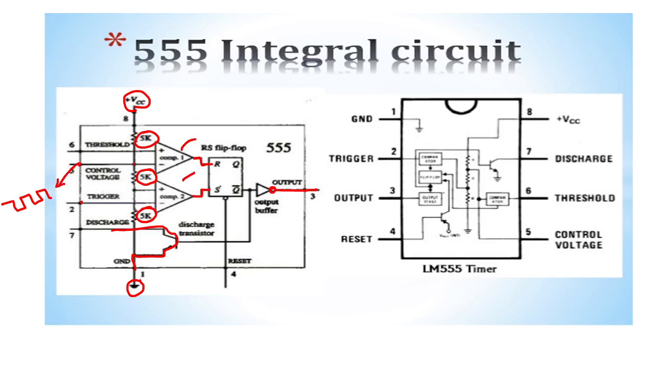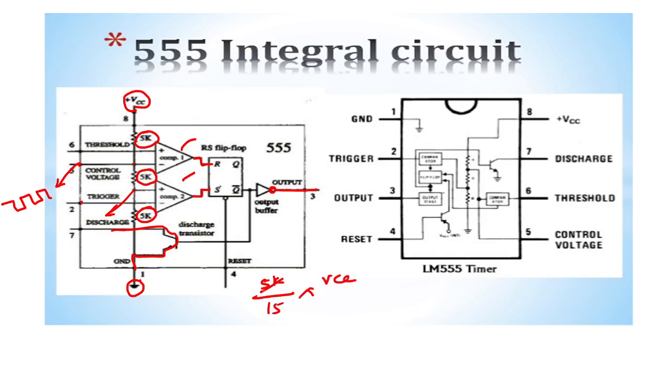Here the supply is fixed and this is also fixed. If I apply at this point, what is the voltage across this? That is 5k, because everything is in series, divided by 5 plus 5 plus 5k into VCC.